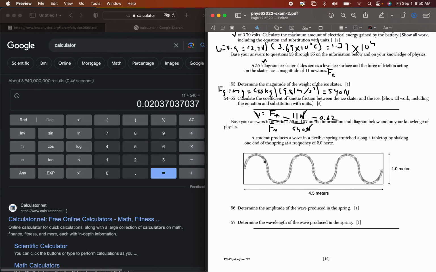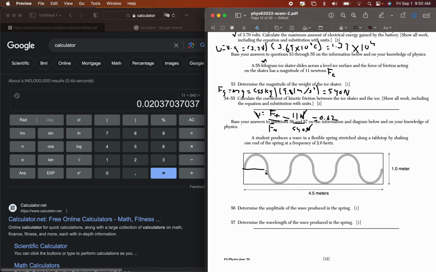A student produces a wave in a flexible spring stretched along a tabletop by shaking one end of the spring at a frequency of 2 hertz. Determine the amplitude. Okay, so the amplitude is basically the height from the median line of the wave. The distance to the highest part and to the lowest part will be the same, measured from the median line.